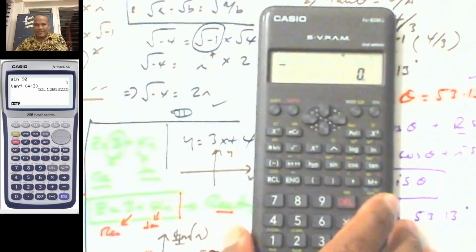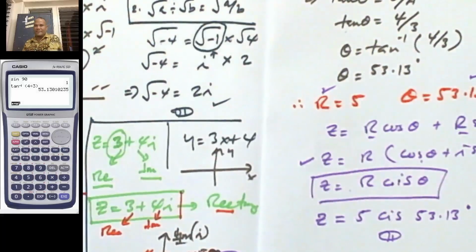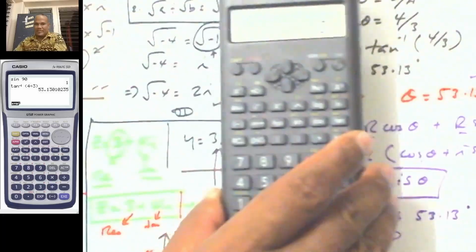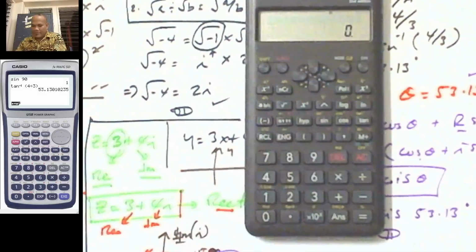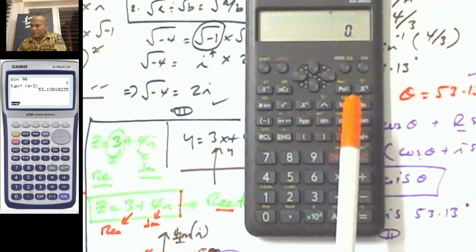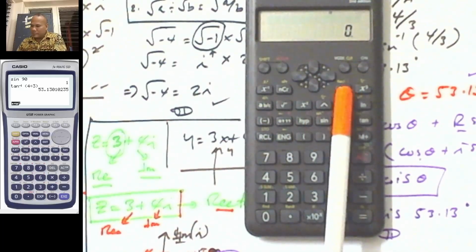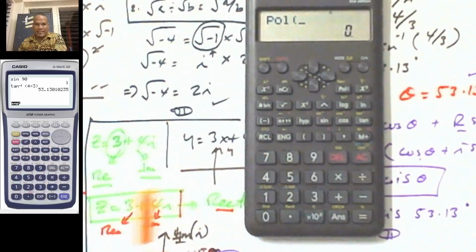How can we find this value in the calculator? We press Pol, there's a value here called pole, and punch in whatever value you have here.